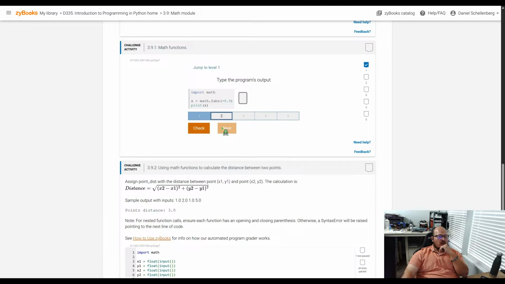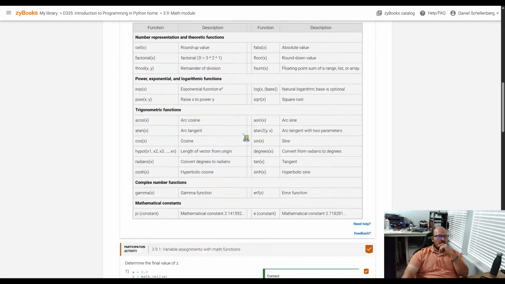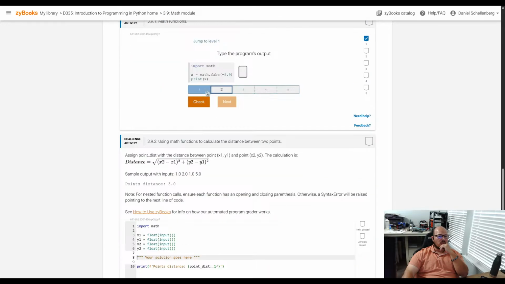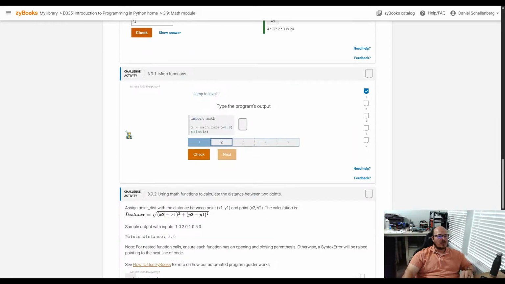So fabs. Okay, what does fabs do? Let's take a look at this cheat sheet here. So fabs is absolute value. What is the absolute value of negative 8.9? I don't know how to figure that out, so let's do some research.